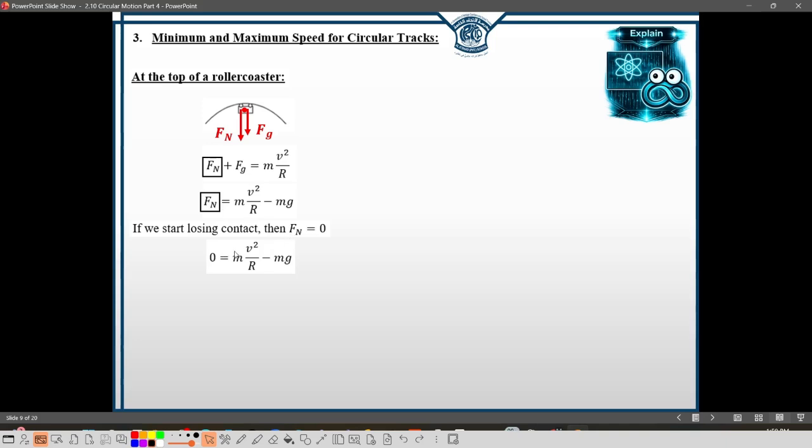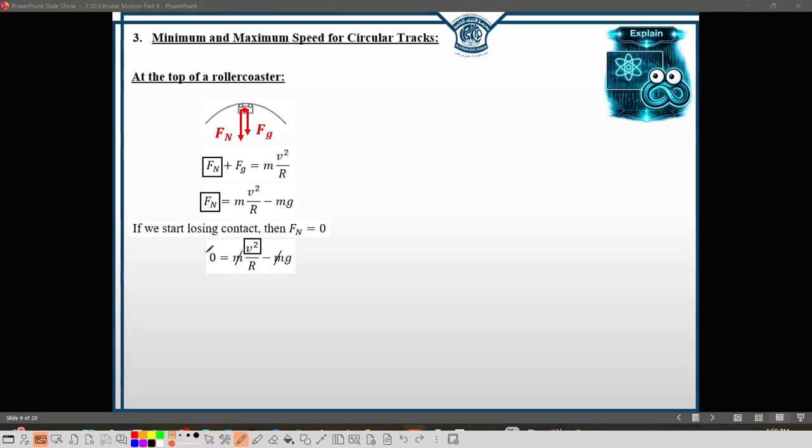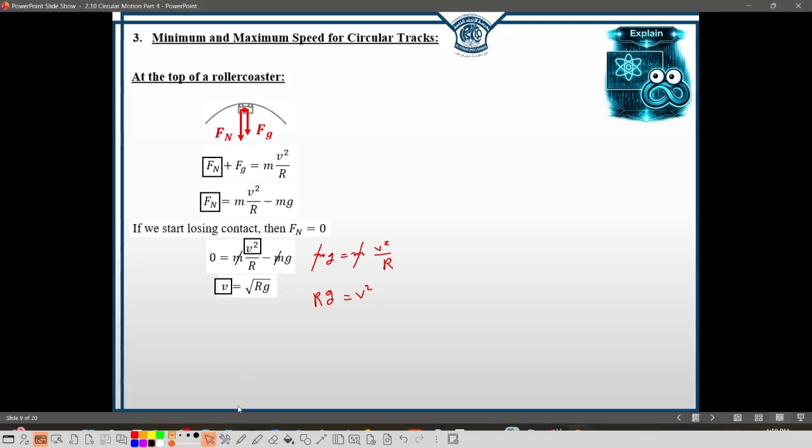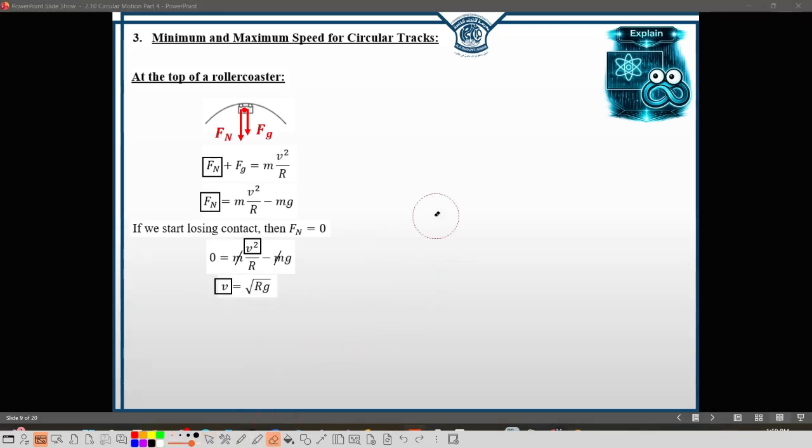If we lose the contact, then zero is equal to mv squared over r minus mg because there is no more normal push. Let's solve it for v. If we move mg to the other hand side, it becomes mg equals mv squared over r. Now mass cancels out. We move r to the other hand side, it becomes rg equals v squared. Taking the square root of both sides, we get that the velocity is equal to the square root of rg.